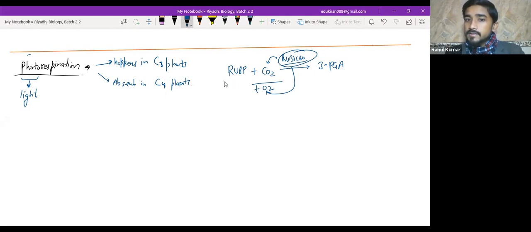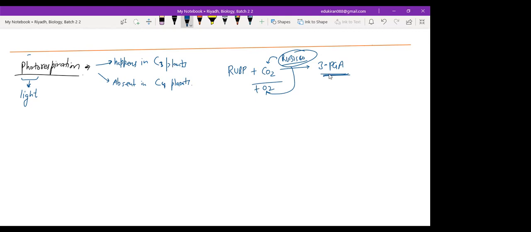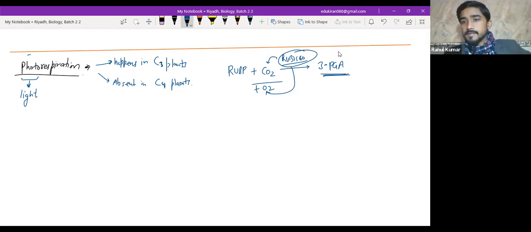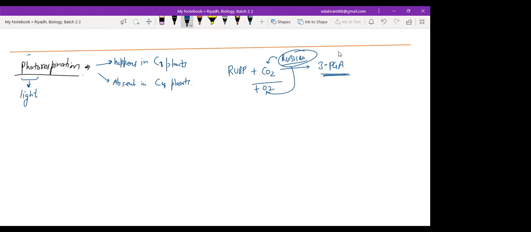If RuBP gets carboxylated, then only we can form this first product of Calvin cycle, which can further go on to form food, glucose, starch. But if it gets oxidized, this will not happen, correct? Yes, sir. So the more photorespiration happens, the less photosynthesis happens. Is it clear, everyone? Yes, sir. So that's the problem.